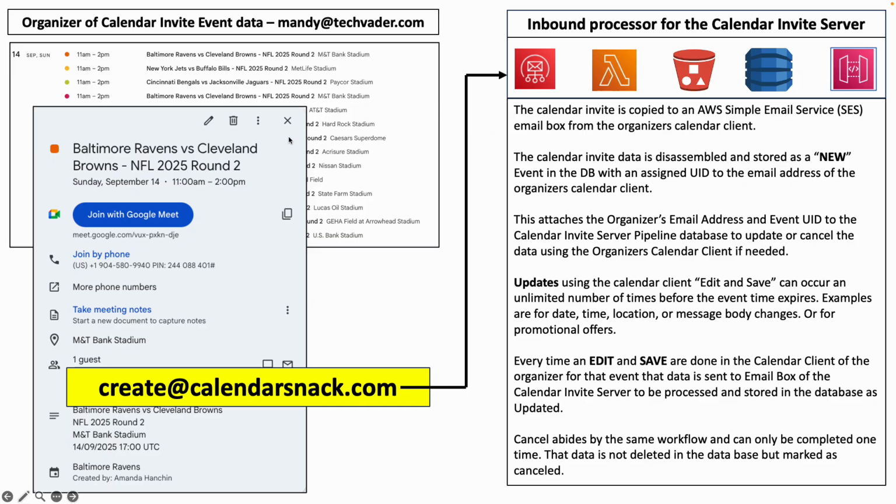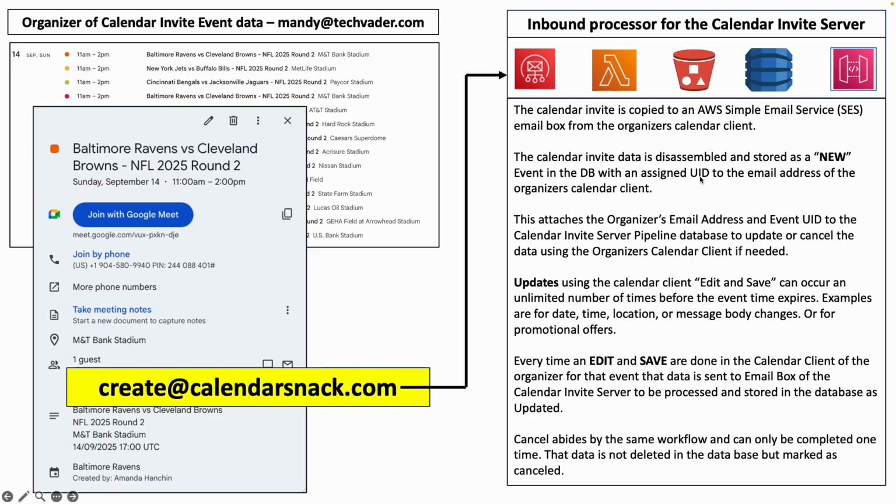Essentially Mandy becomes a processor, if you will, by using her calendar client for create, read, update, and delete for events sent to this email box, which starts the functional process of disassembling and storing the calendar invite data in the database.